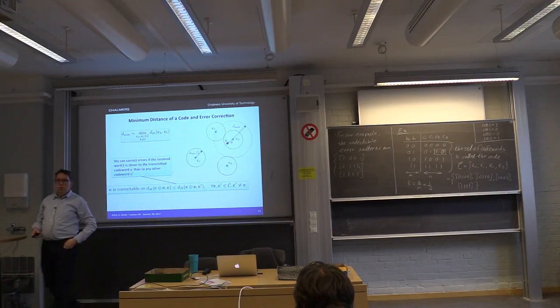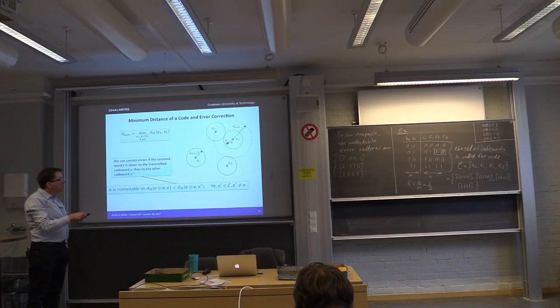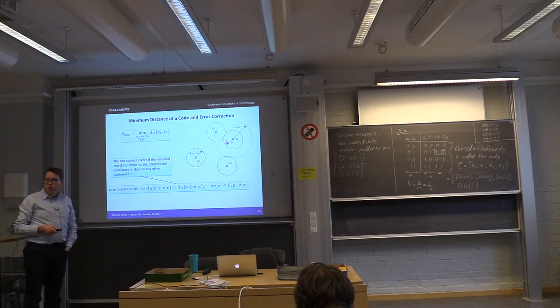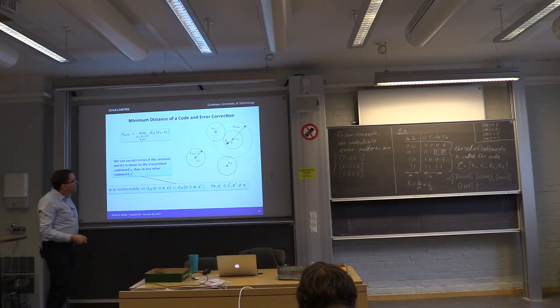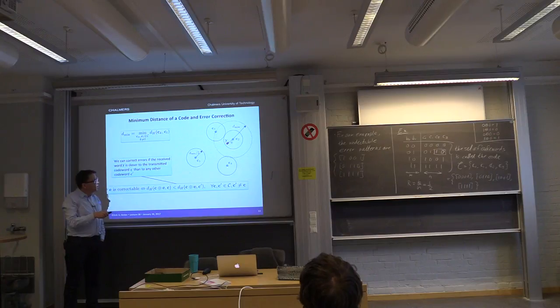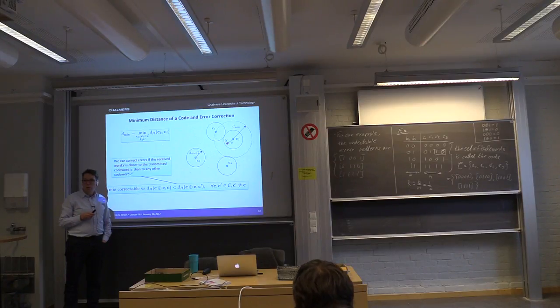So if we think of this as we have our code words, and then we put a lot of oranges, footballs if you like, with a certain radius around those, then all error patterns which are confined to that sphere will be decoded to the right code word.